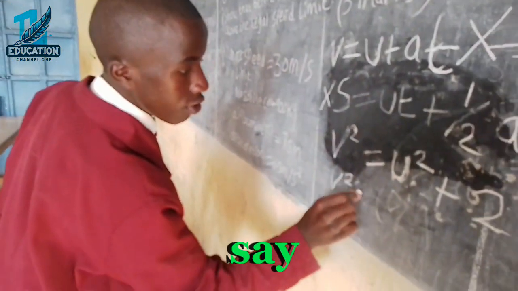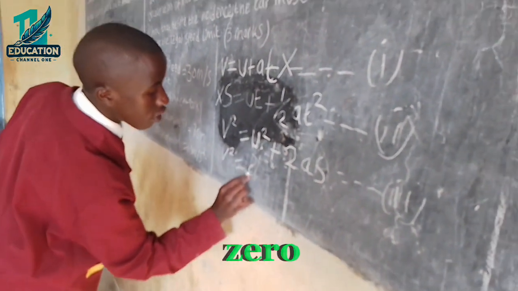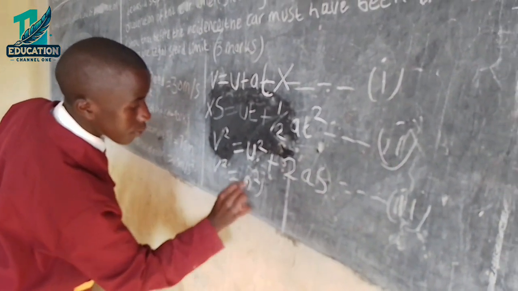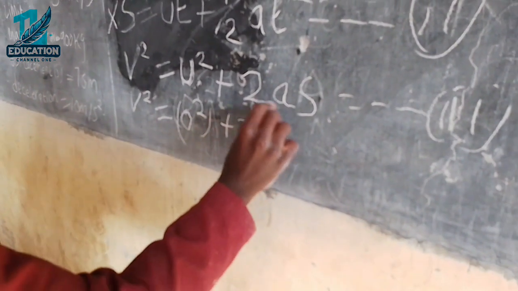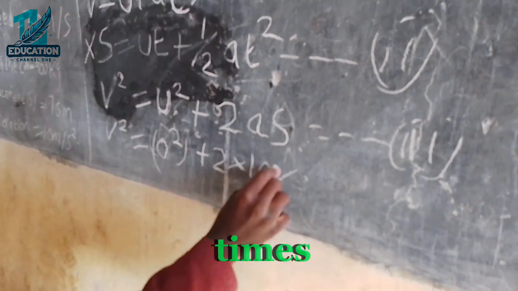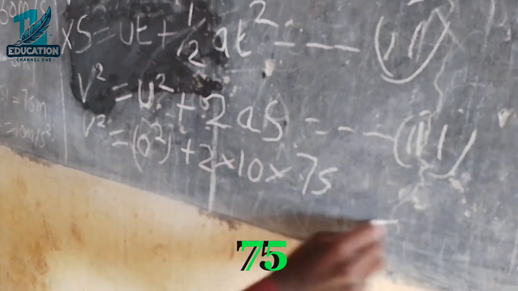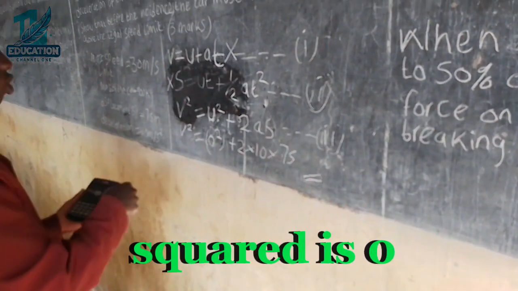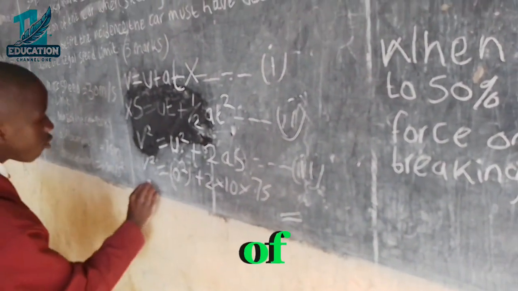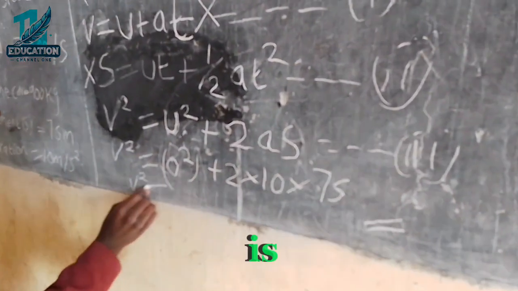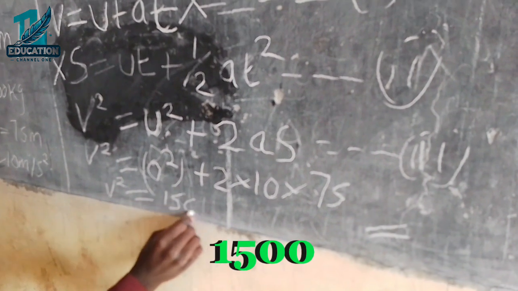So we are going to say V squared is equal to 0 squared plus 2 times acceleration 10 times displacement 75. 0 squared is 0. So we have the value of V squared as 1500.